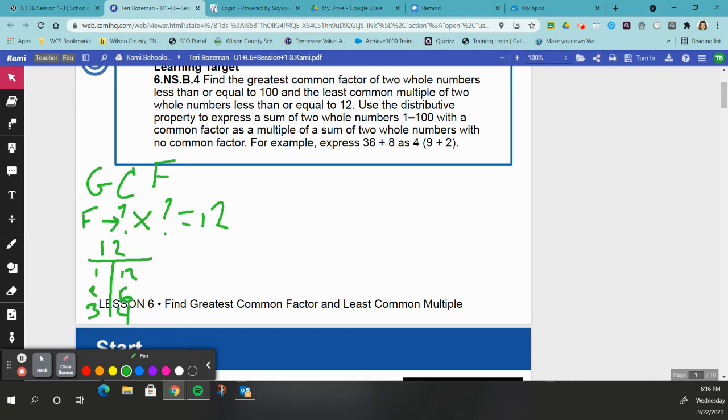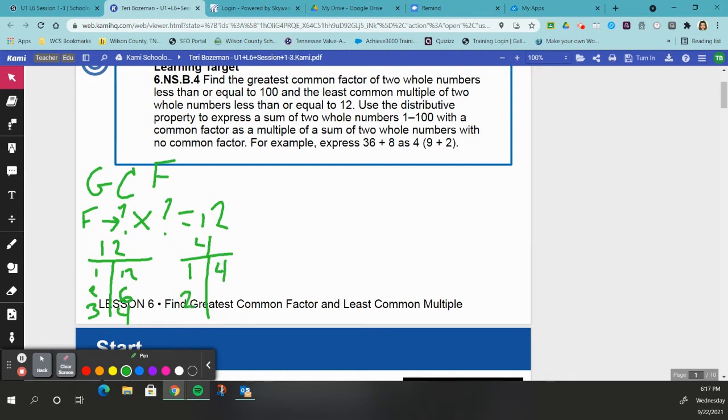But when we're finding our greatest common factor, if two things have something in common, they share. So we need to find the greatest, the largest factor that would be shared between two numbers. So let's use 4 as our other example. So the first set of factors would be 1 and 4. 1 times 4 is 4. Then 2 times 2.